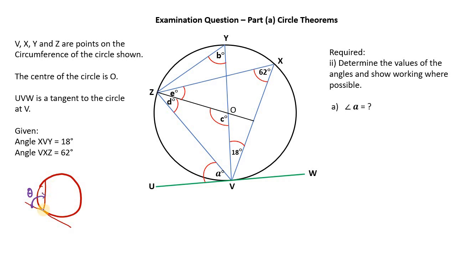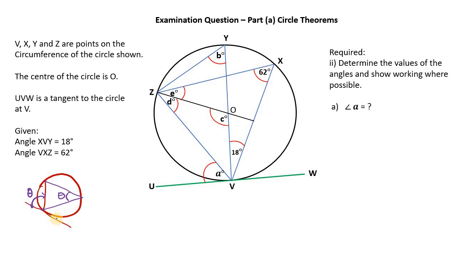So if I subtend an angle from that chord to the circumference, then that angle will be equal to the angle between the tangent and the chord.